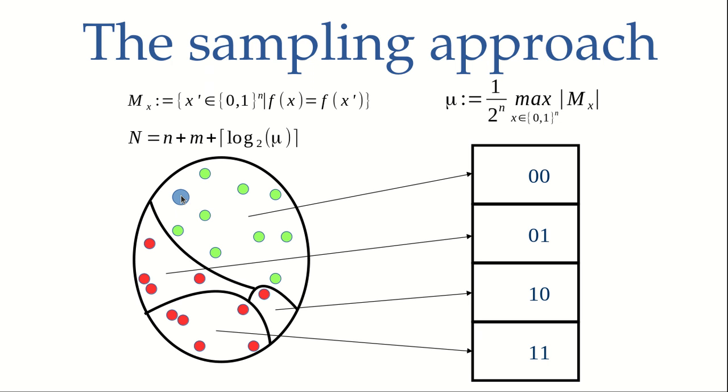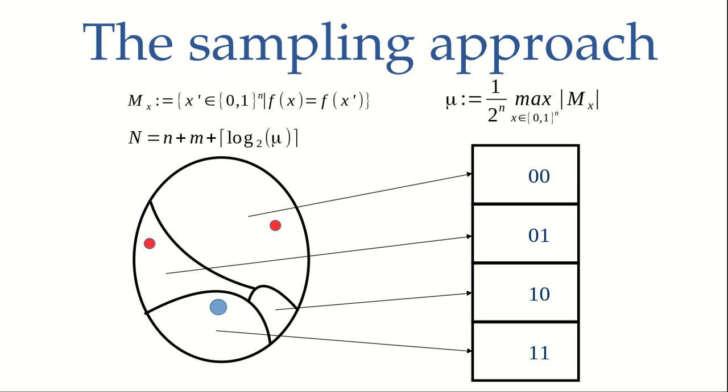But now we have an estimate of the size of the set for one particular x, but we don't know yet that this is really the max. So we need to repeat this process, right? Now that we have estimated the size of the set for one input pattern, we sample again another input pattern, and here again do the same thing.